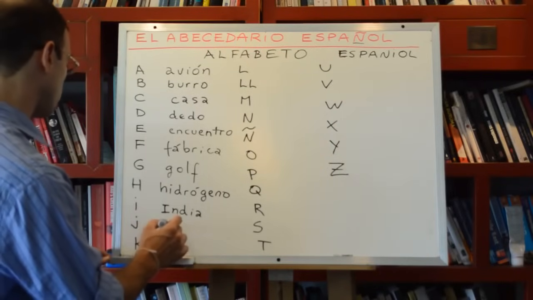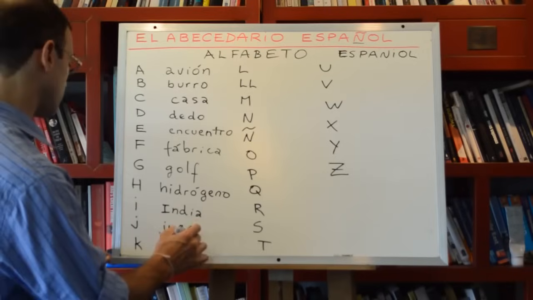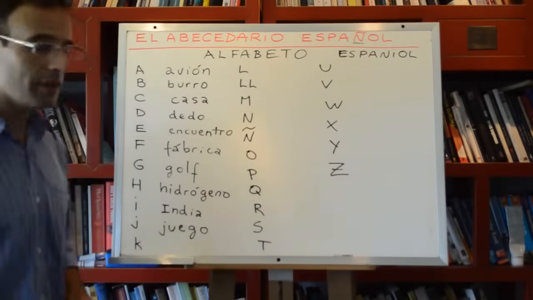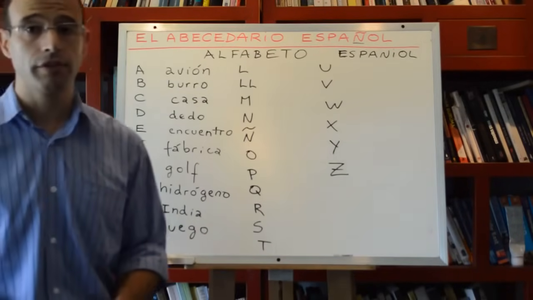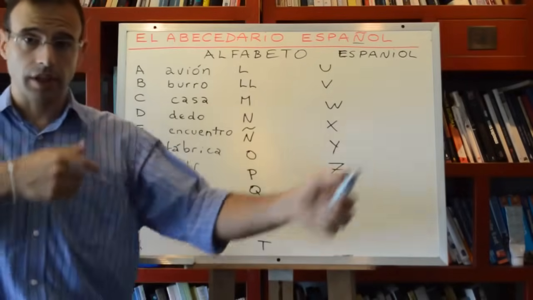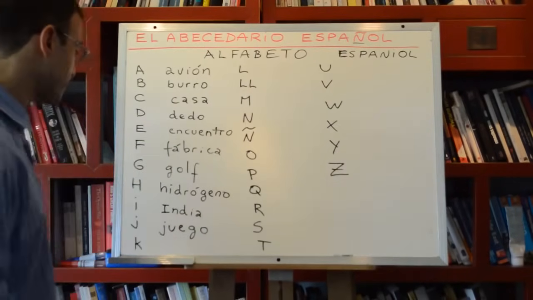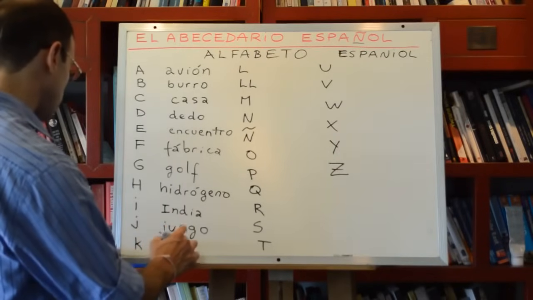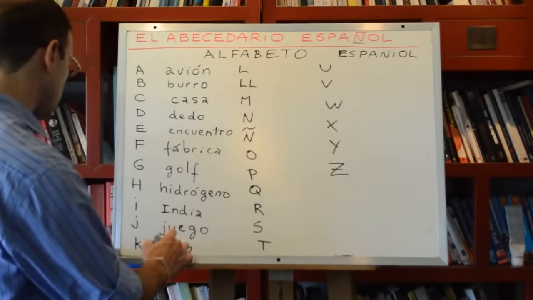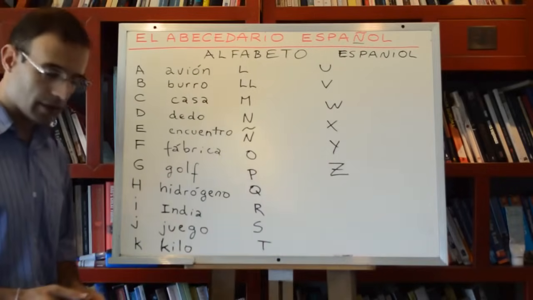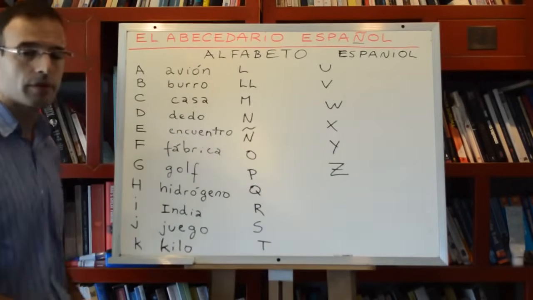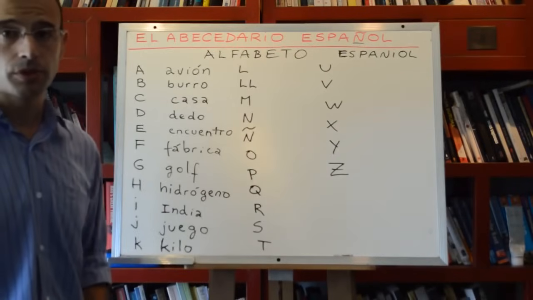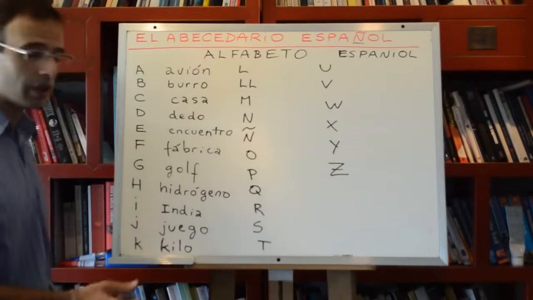Juego, for game, and I am not talking of game for hunting, but game for playing. Kilo, with K, can work for kilogramo, or kilómetro, or whatever starts with kilo.